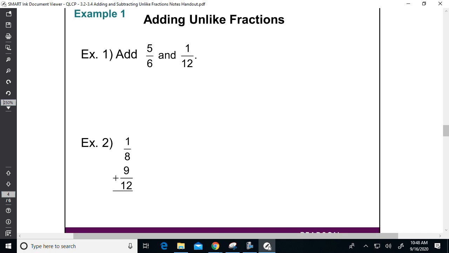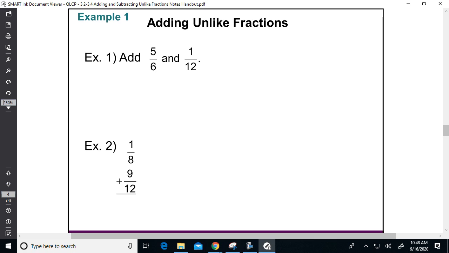Alright. First 2 are added. So we have 5 over 6 plus 1 over 12. So, the denominators are not the same.